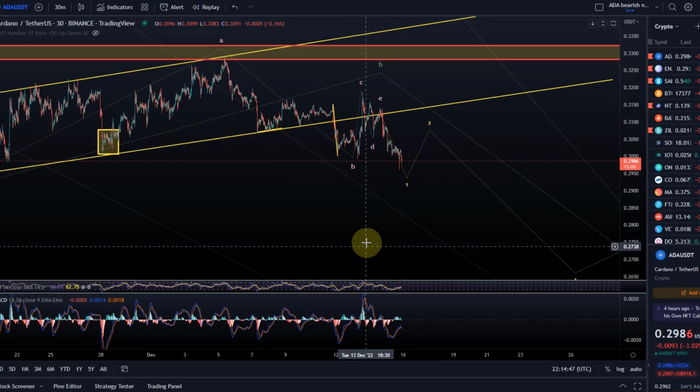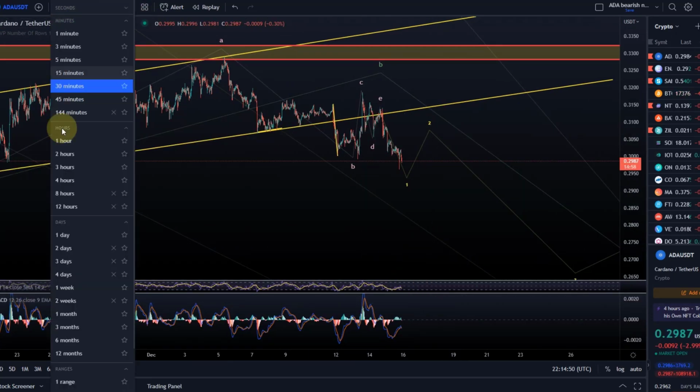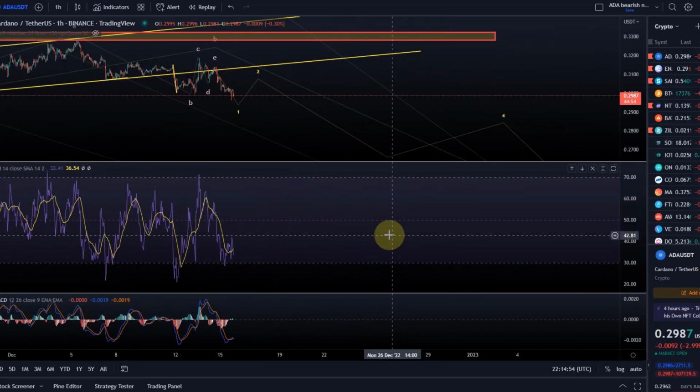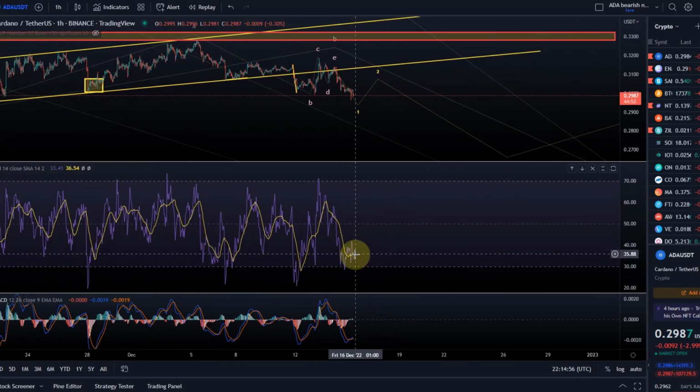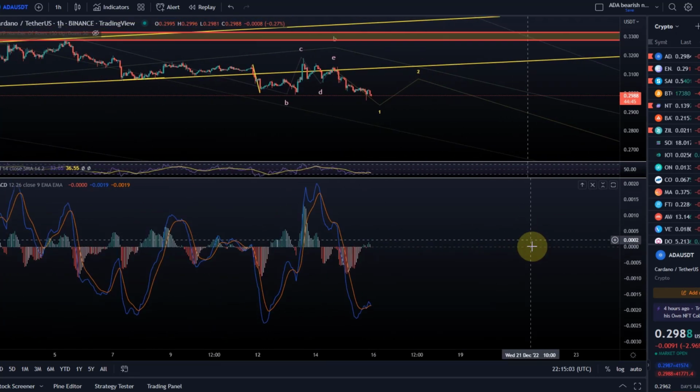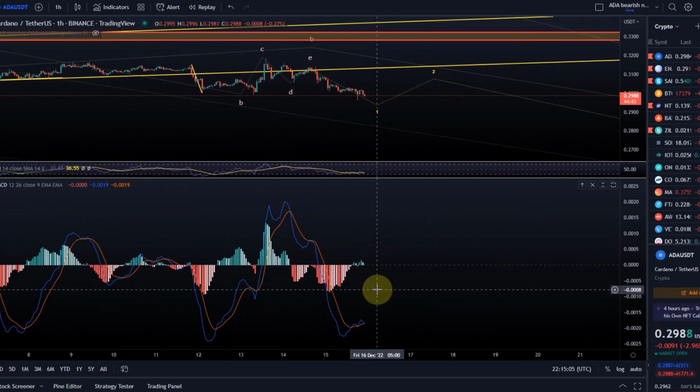If you look at the indicators, let's look on the 1 hour. We're not that much oversold on the 1 hour that I think we already get the wave 2 in. It rather suggests here a little bit further downside. Also here the MACD is certainly not too low.